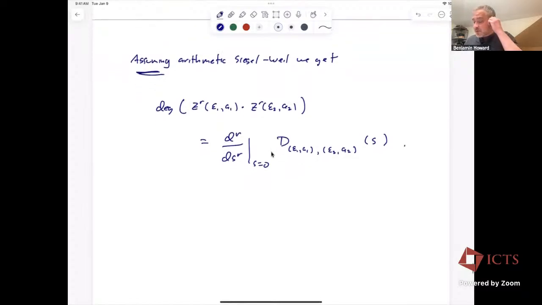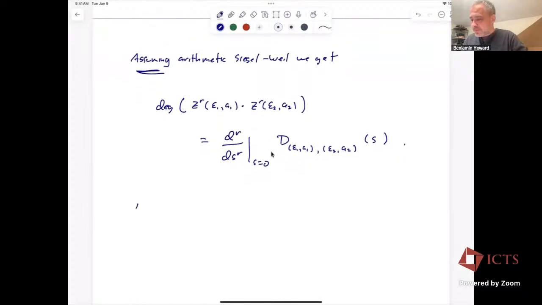And as long as we're making assumptions, let's assume also the modularity conjecture.